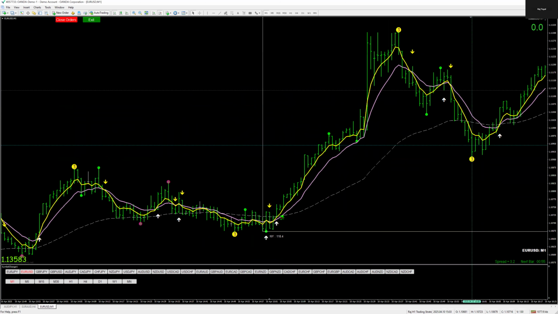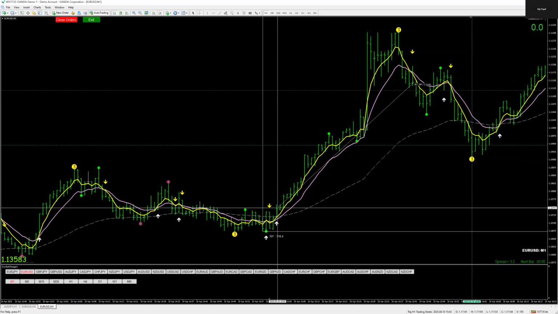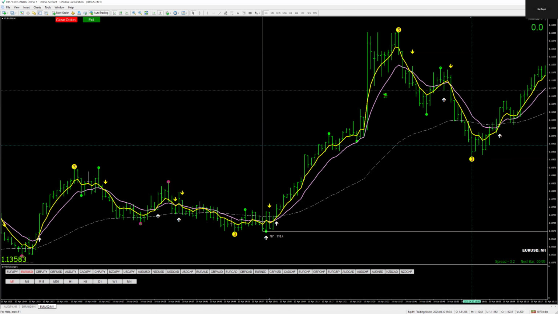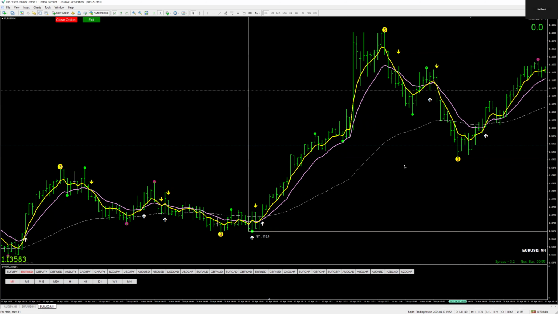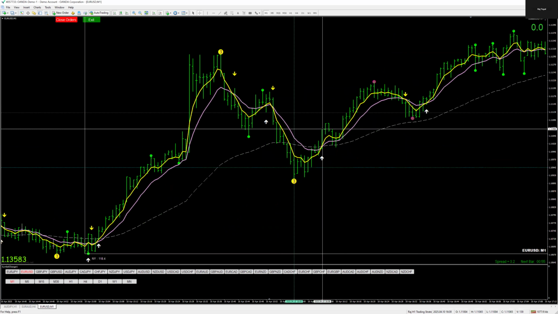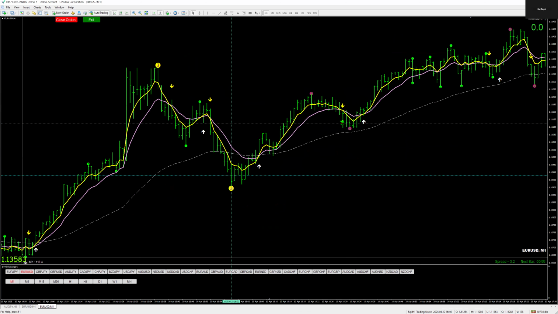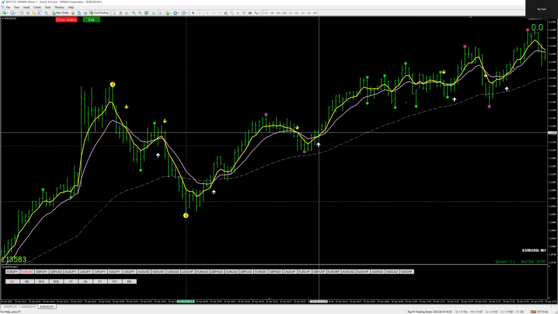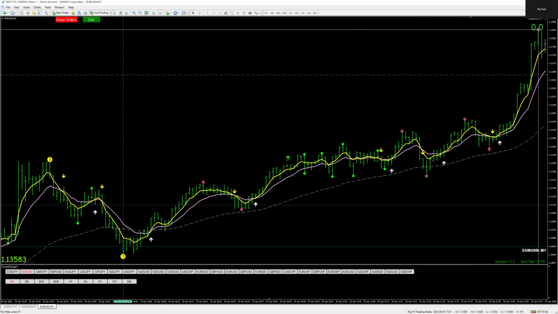Right, so we come to the US session. Here's our trade for 38 pips. So that's 52. Remember, we only take longs. 52, that's 60. That's 1373.